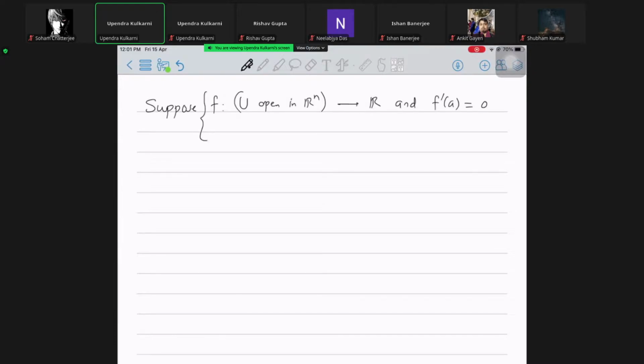And I'm further going to say that let A be non-degenerate. So what is a non-degenerate critical point? Let's just write down the definition here. The Hessian of the function is non-singular.